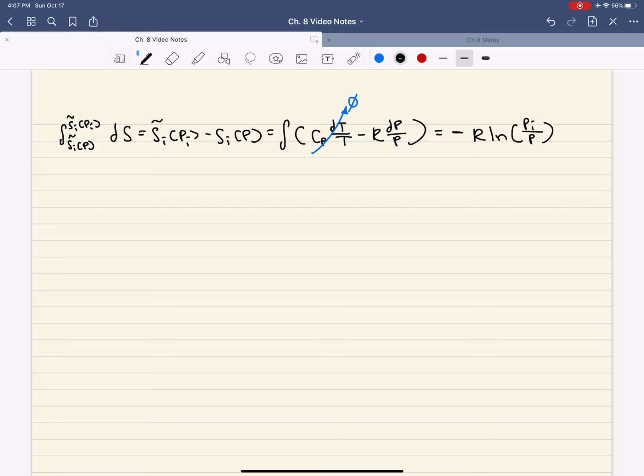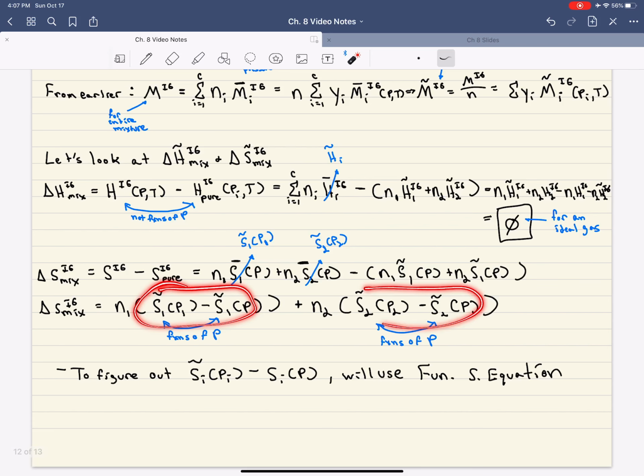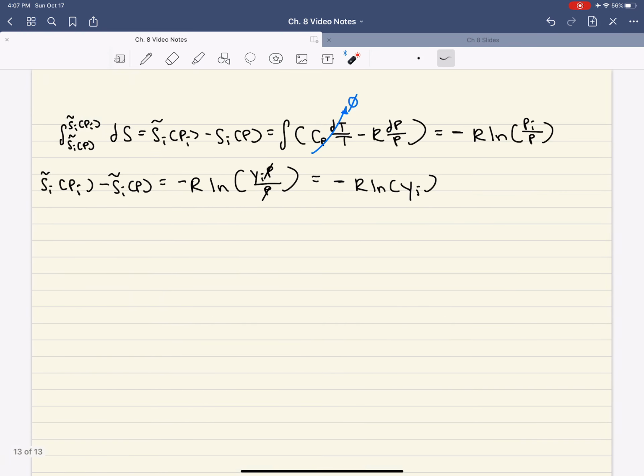We know that partial pressures can be written in terms of the mole fraction. These cancel, and what we're left with is just negative R ln yi. So in each of these parentheses here, we could just rewrite it as negative R ln of yi.